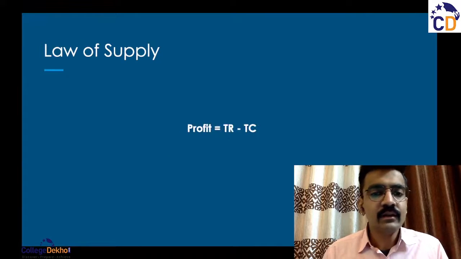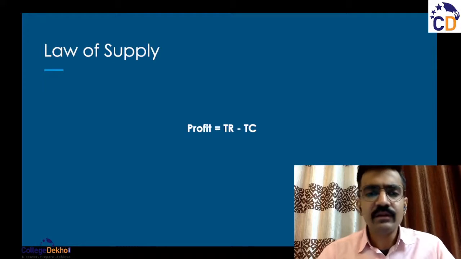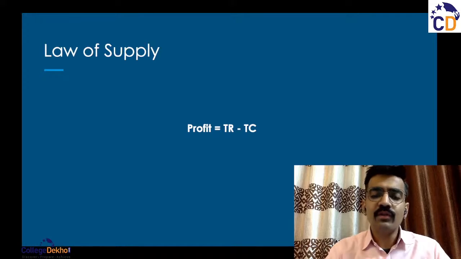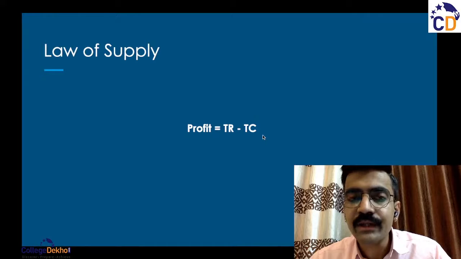All right. So this is a very basic formula to know the profit of a business, which is TR minus TC. What is TR? TR is the total revenue of the company, right? And TC is the total cost of the company.